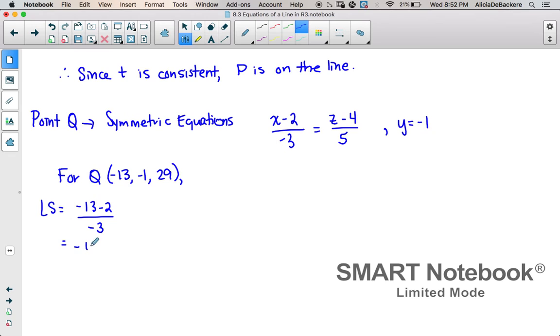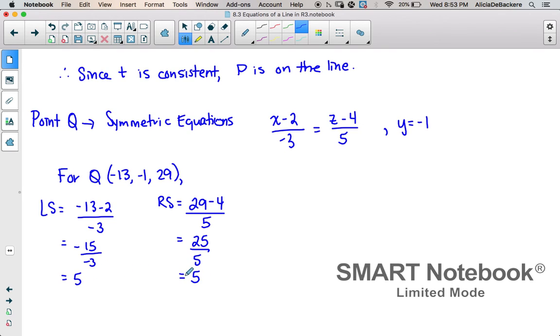And I get -15 divided by -3, and the negatives of course become a positive, and 15 divided by 3 is 5. And then on the right hand side, I've got z minus 4 divided by 5. Our z value is 29. We're trying to prove that the left side will be equal to the right side for this point. If it wasn't, then we would be saying that this point is not on the line. So 29 minus 4 is 25, and 25 divided by 5 is 5.